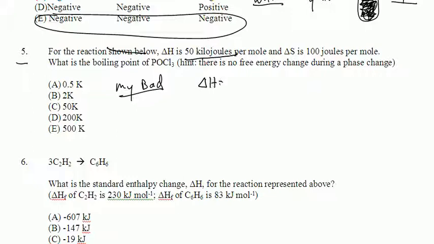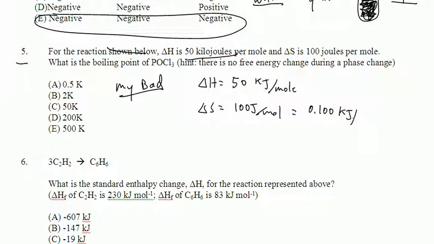Let's just write that out. Delta H equals 50 kilojoules per mole. Delta S equals 100 joules per mole. Ooh, want to convert that to kilojoules. 0.100 kilojoules per mole. They seem to be doing that with delta S a lot.